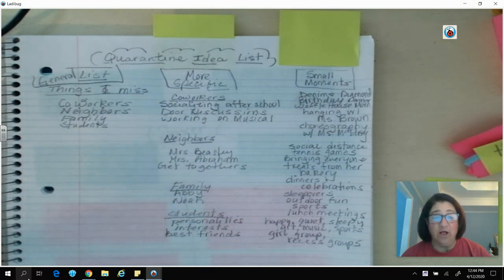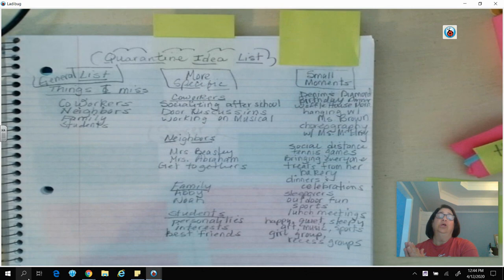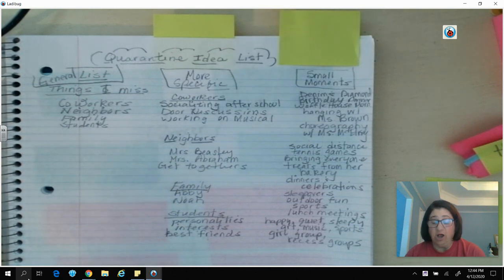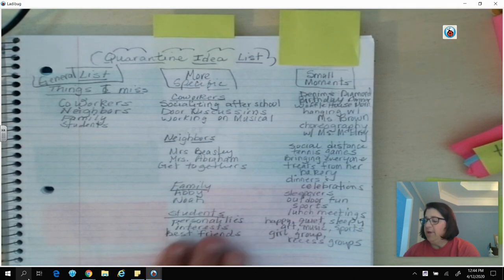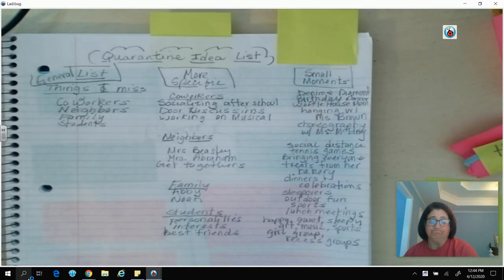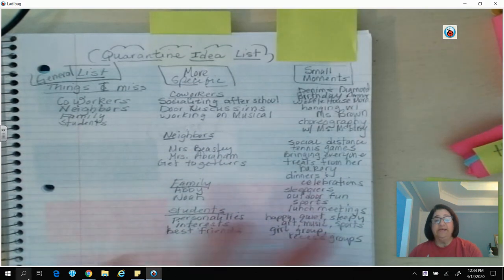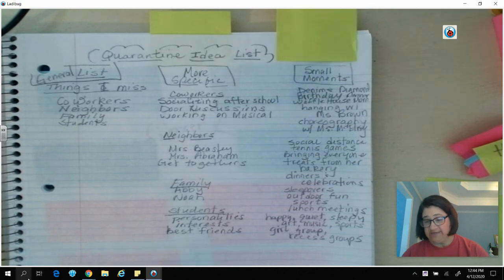But for right now, your goal, and you can do it on any medium, in your new notebook, in your journal entry in Seesaw, or in your online journal in Google Classroom, is to come up with an idea list. That's your job for today. Tomorrow, pick one of these and try to organize it. And then Wednesday, you're going to write an entry.